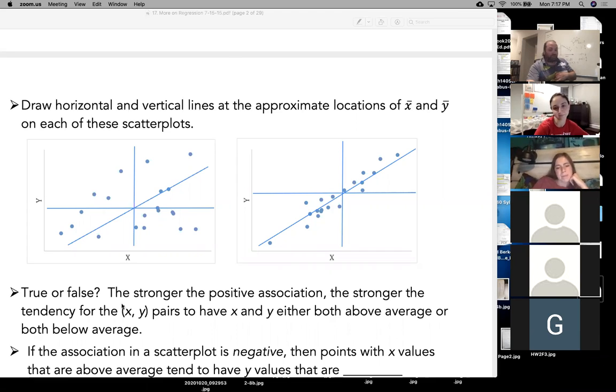True or false? The stronger the positive association, the stronger the tendencies for the XY pairs to either be both above or both below. Would you agree with that sentence? Is it comparing it to the second graph? Yes, the second one seems a lot stronger.